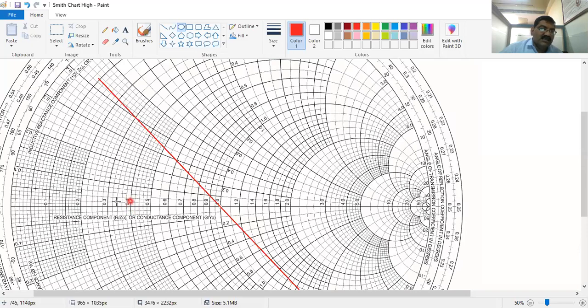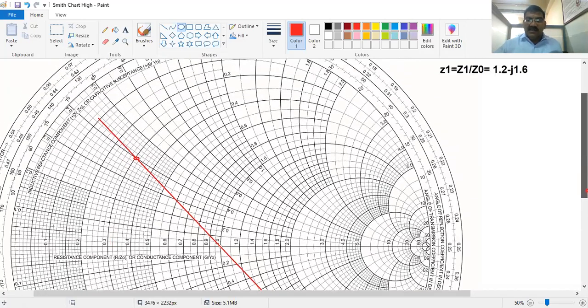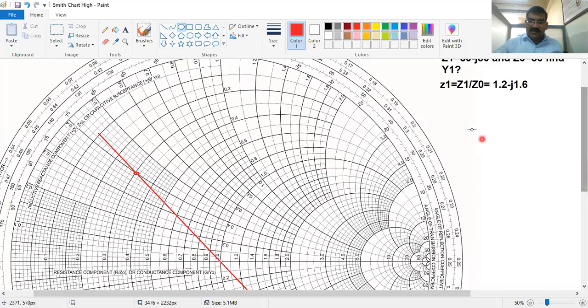The real part you will get is 0.3, and the imaginary part you will get is 0.4. So whatever this point is, the answer here is 0.3, 0.4. You have to do it practically, then you can understand it. This will be required in the other part also.